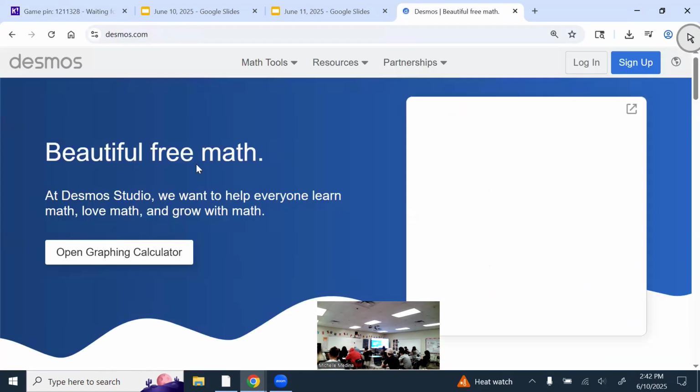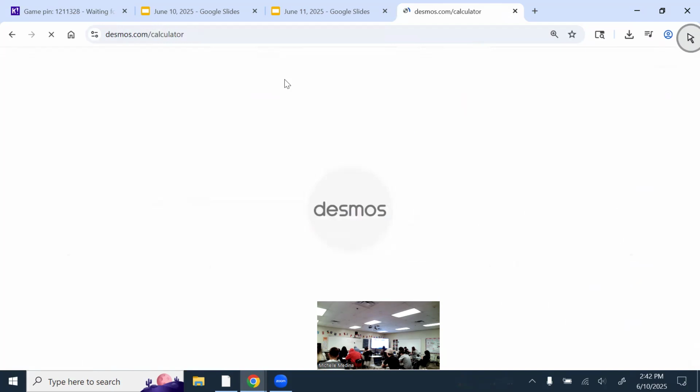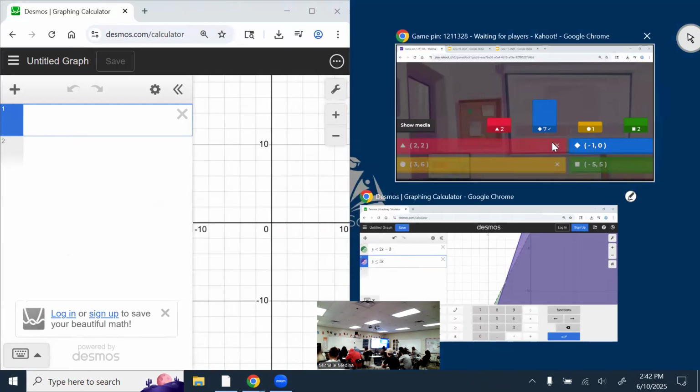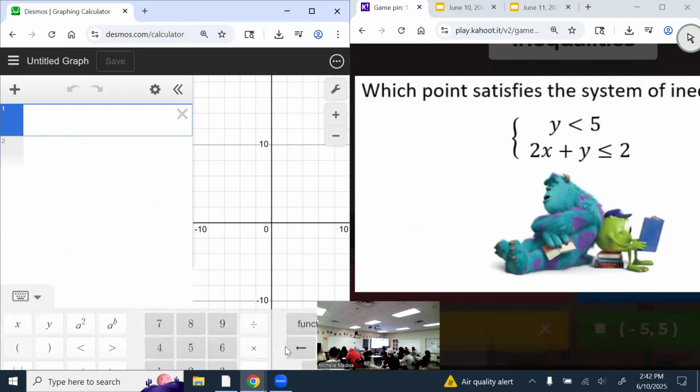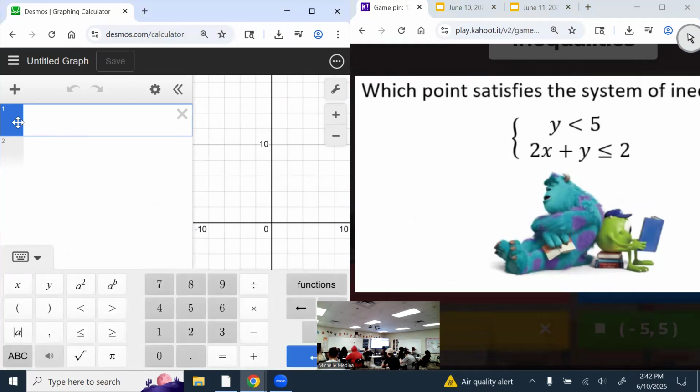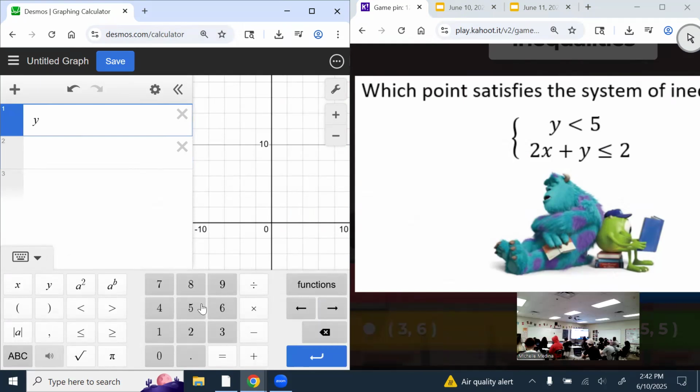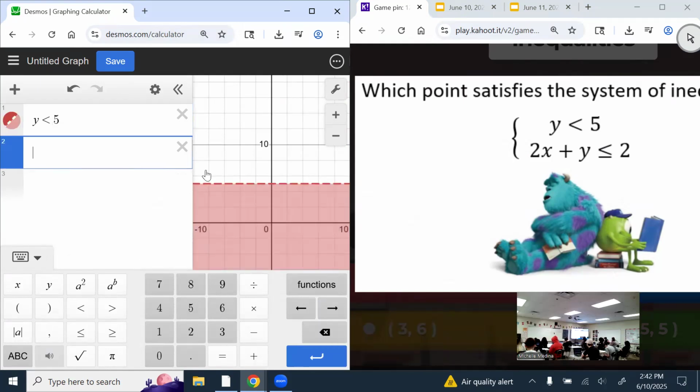But if you graphed it, then all you really have to do is evaluate different points. So to graph it, you need in one cell, like this is what I mean by cell, here's one cell, here's the other cell. In one cell, type the first inequality, so y less than 5.